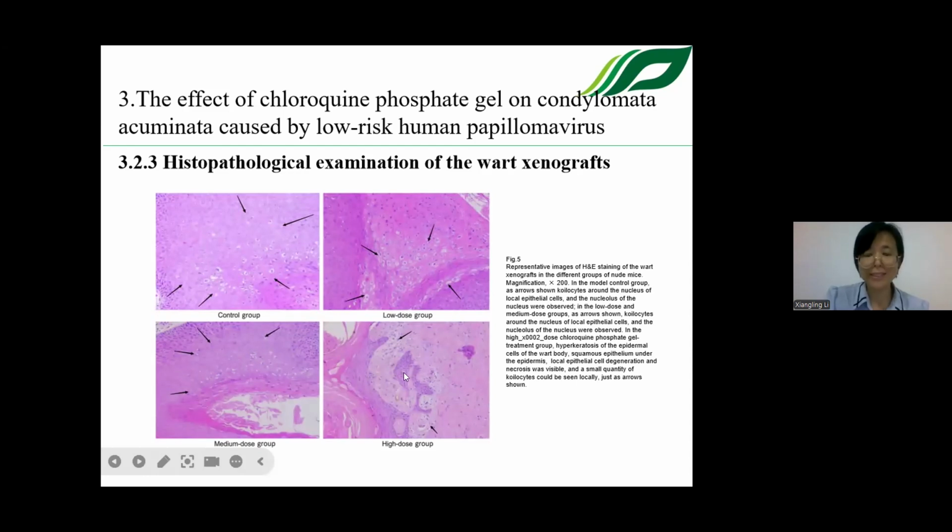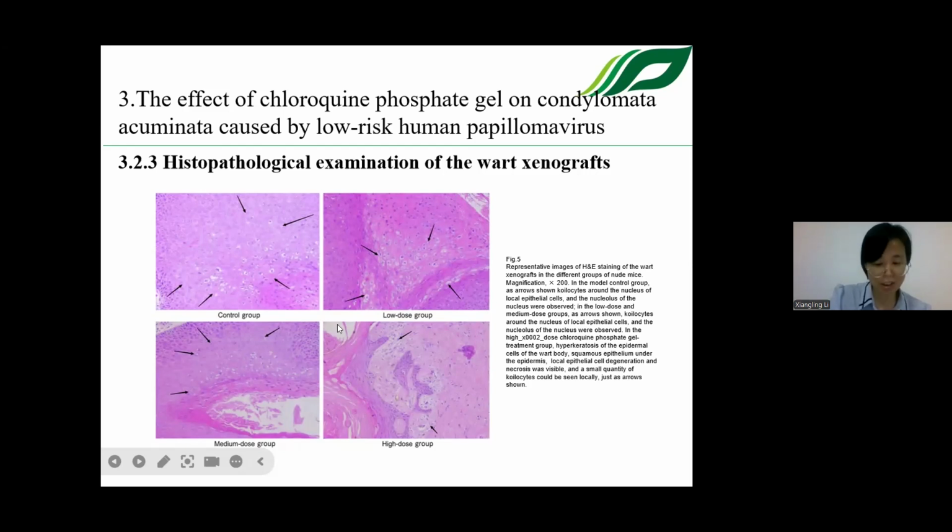But in the high dosage group, there's a smaller amount of koilocytes here. But we see that even with a smaller amount of koilocytes, the necrosis of the wart epithelial cells was increased.